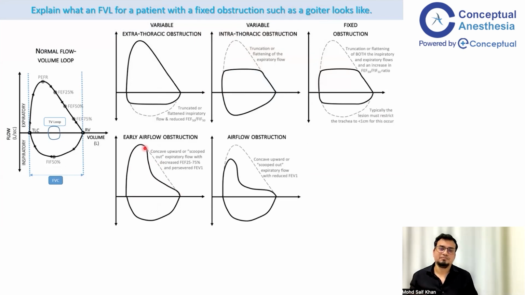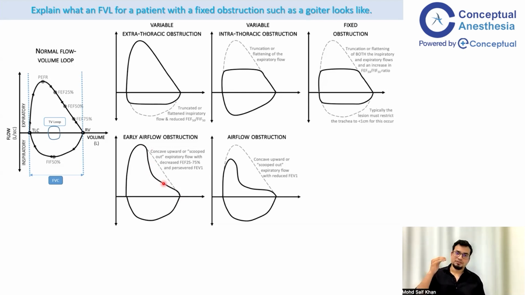So maybe there will be 1.5 liter per second of drop in the peak expiratory flow rate, but not much in the early stage. But if you look at the pattern of the drop in the expiratory flow, it will be like this concavity. There is a concavity here, and this is known as scalloping or scooping, scoop out appearance.